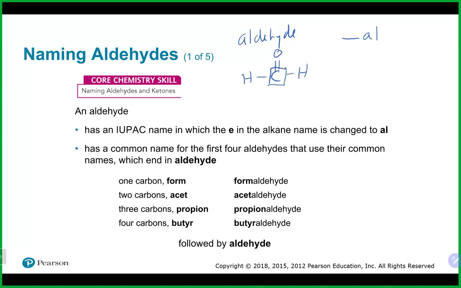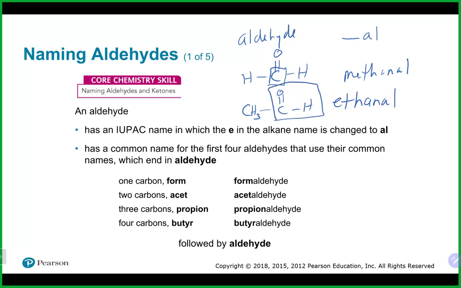And 1 carbon is based off of methane, and this would then be methanal. If I had 2 carbons, say like this, that is 2 carbons, which is based off of ethane. That is ethanal, al at the end of it, aldehyde.